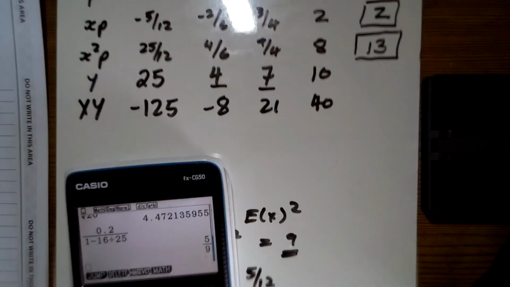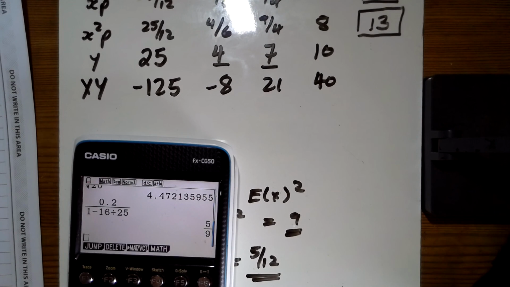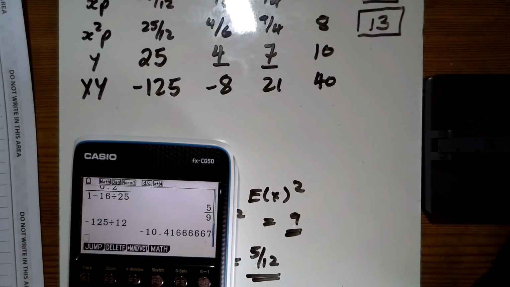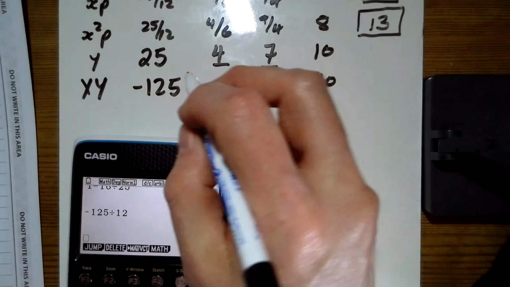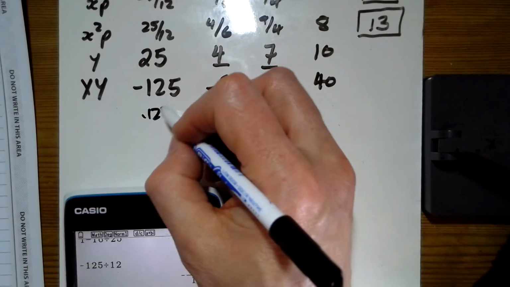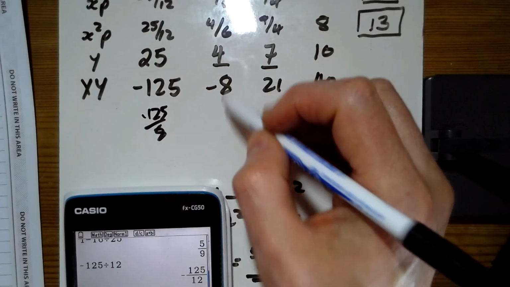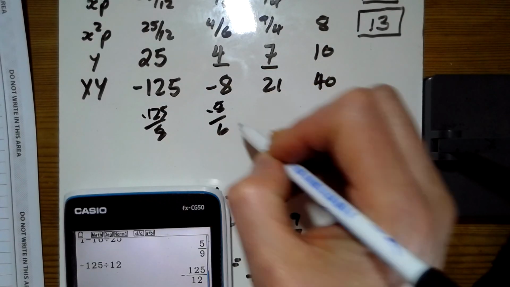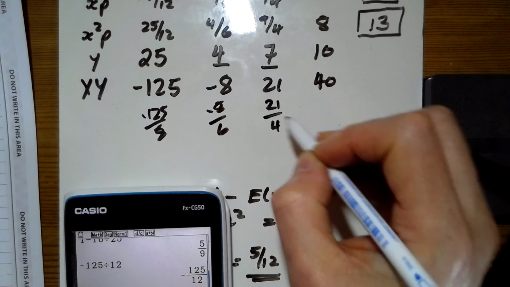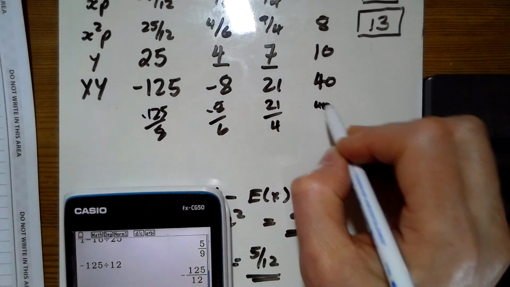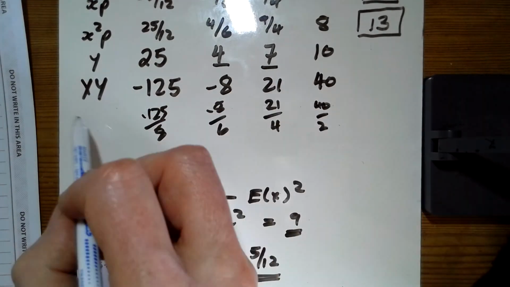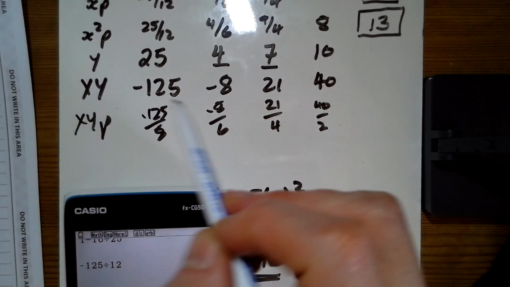So I'm doing -125 divided by 12. Yuck. I just should have written -125 over 12, shouldn't I, there? Let's do that. -125 over 12, -8 over 6, 21 over 4, and 40 over 2, although I do know that one. xy times by P.